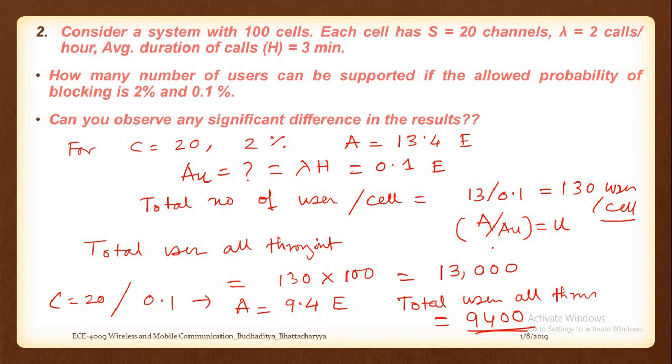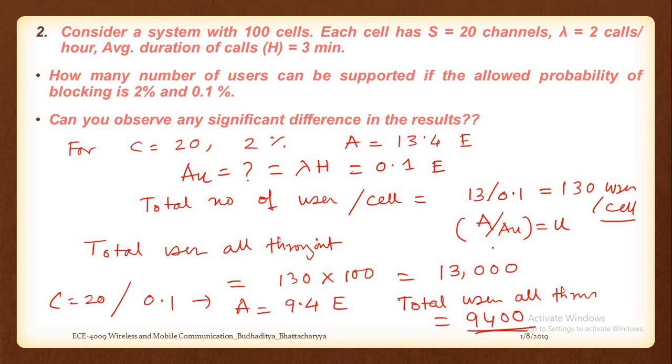But if I wish to include more users, naturally more calls will get blocked, which is quite obvious. So the Erlang B calculation gives us the optimal value for the number of users that can be supported. This is the objective of Erlang B.